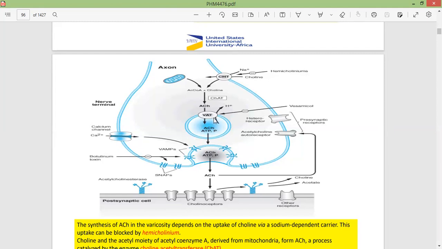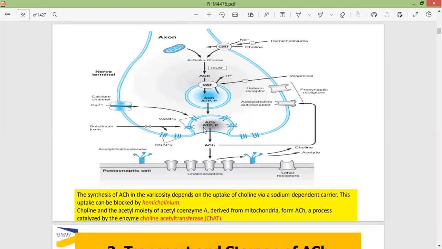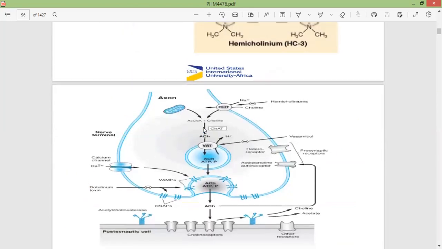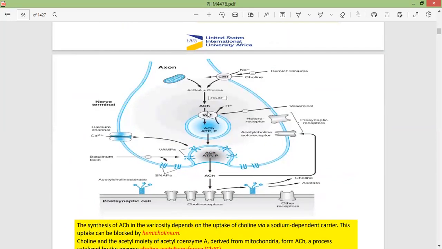The other place of inhibition can be on this transporter here that transports the acetylcholine from the cytosol into the vesicle, the vesicle-associated transporter. So if you block that, acetylcholine will just be hanging around.